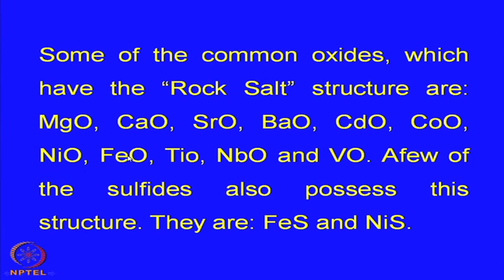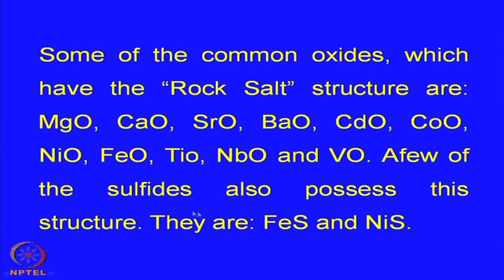FeO is available in 2 different valency states, 2 plus and 3 plus. TiO2 has the normal valency state of titanium, 4 plus, but TiO is also available. This is another stable state, and so are NbO and VO.